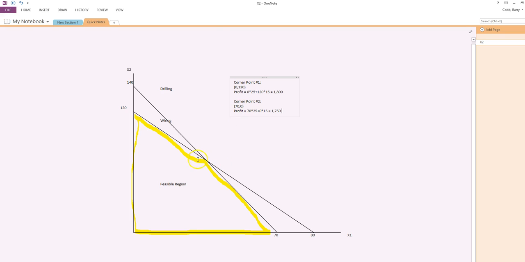The third corner point lies at the intersection of the two constraints. We need to solve these two equations simultaneously to find the point where they meet. Here's how we can go about doing this. We write down the first constraint.